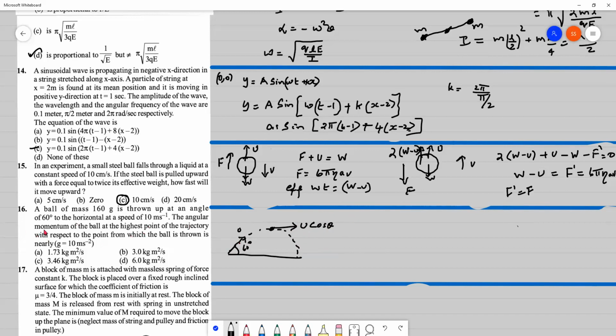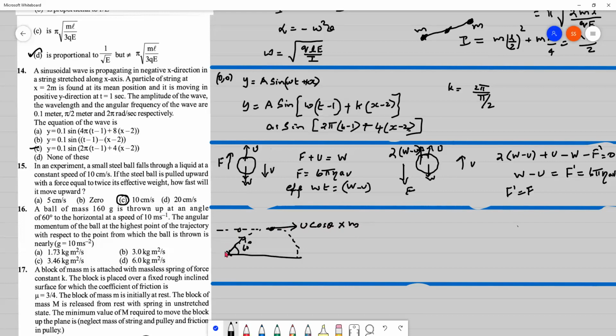In this problem, they are asking you the angular momentum of the ball at the highest point of the trajectory with respect to the point of projection. From this point, they are asking you what is the angular momentum. So here, the momentum line is this. If you multiply this by m, this becomes the momentum vector.